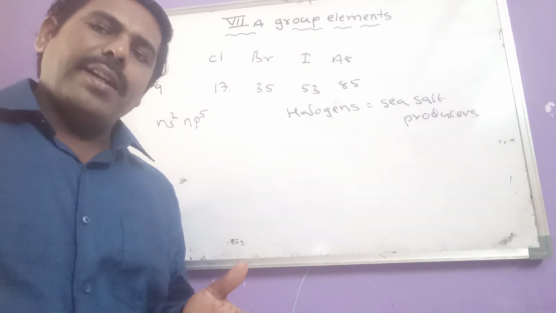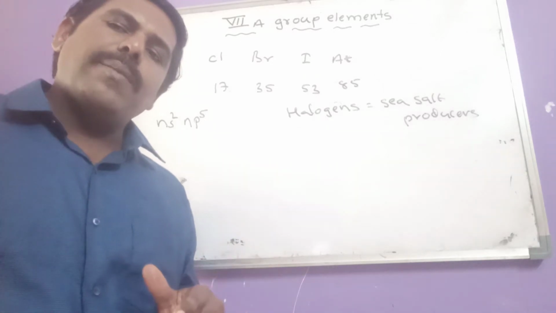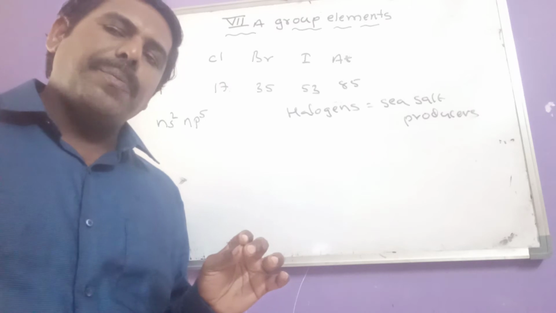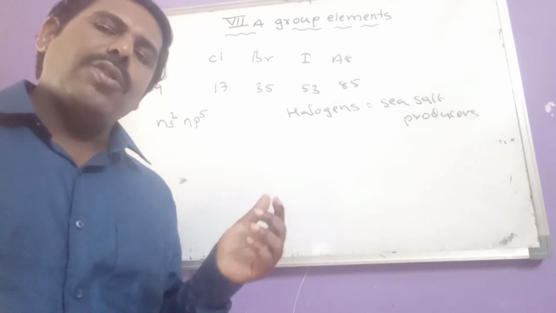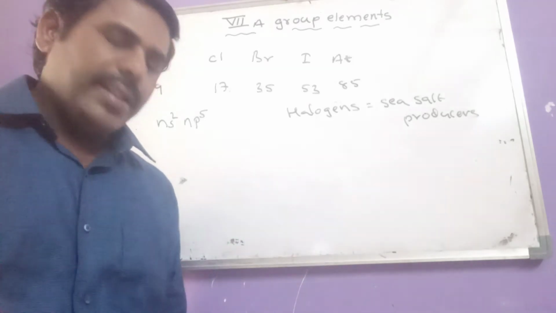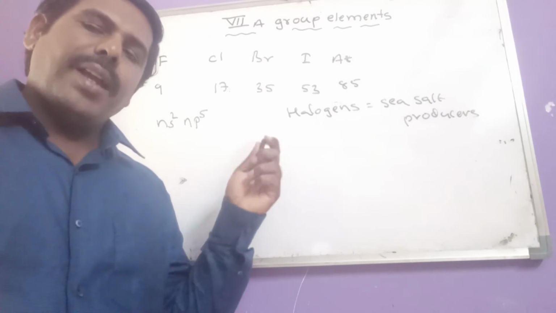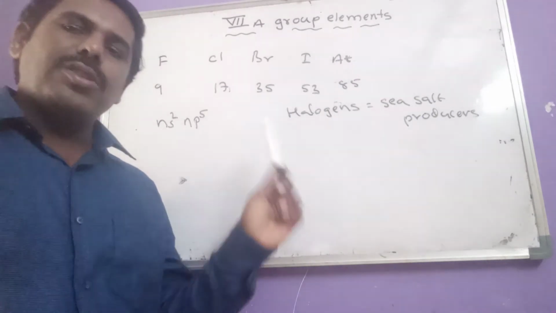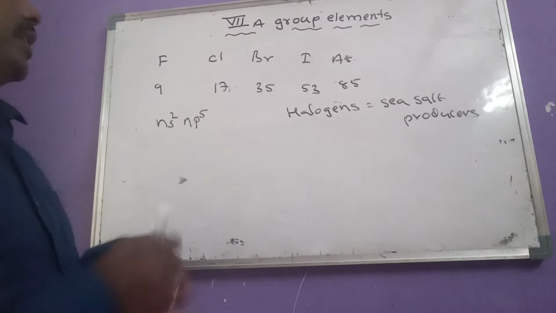So seawater contains sodium chloride, sodium bromide, magnesium chloride, magnesium bromide, etc. And Chile saltpeter, that means NaNO3, also contains sodium iodate, NaIO3. So as these are present in seawater, as they are producing sea salts, they are known as halogens. And here let us see the abundance of these elements.